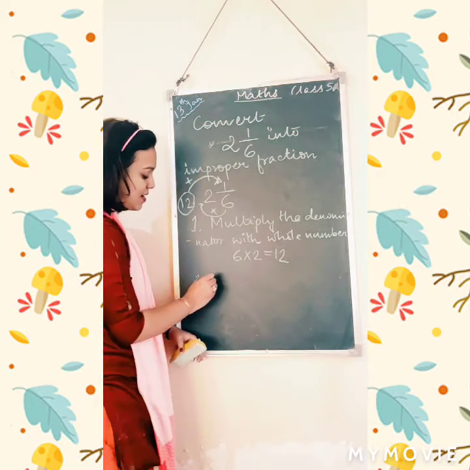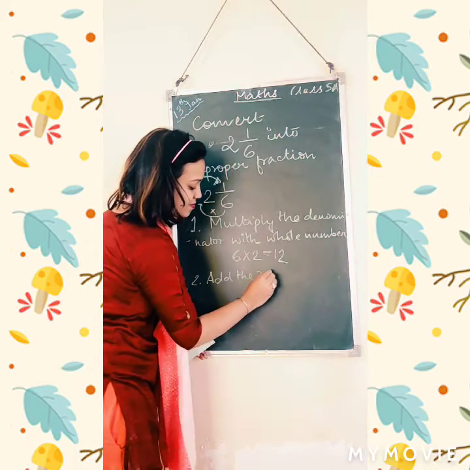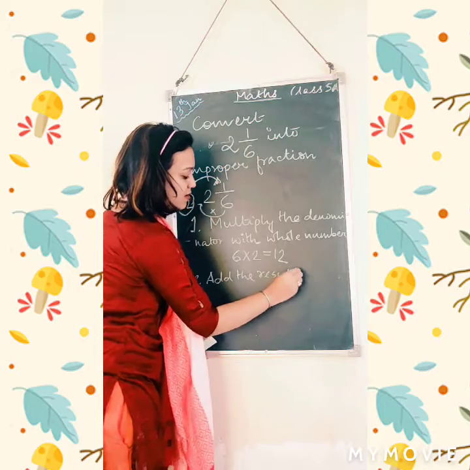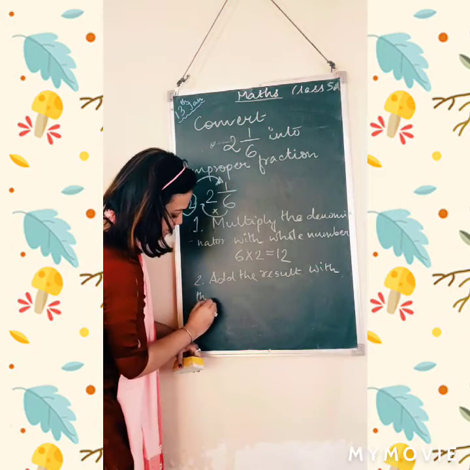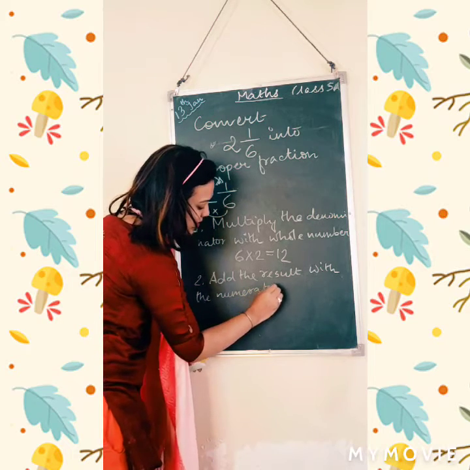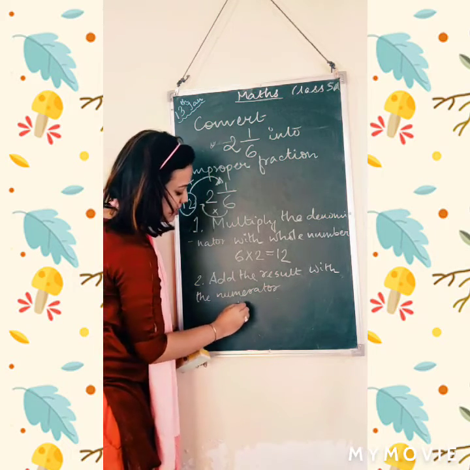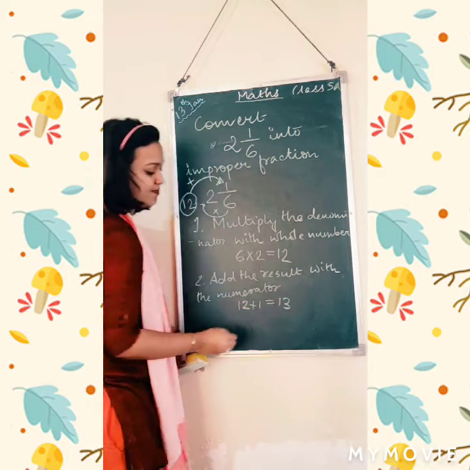So your second step is to add the result with the numerator. When you add it, what do you get? 12 plus 1 gives you 13.